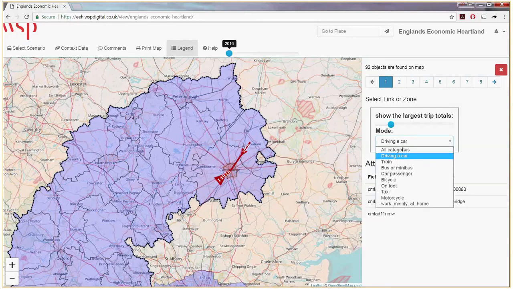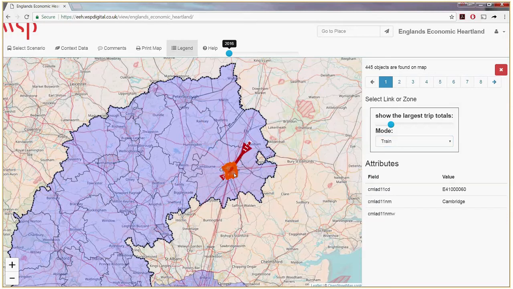But if we look at train commuting into Cambridge, then it's very much dominated by that one commuter line coming down from Ely. Nearly three quarters of all those rail passengers are coming down that one line.